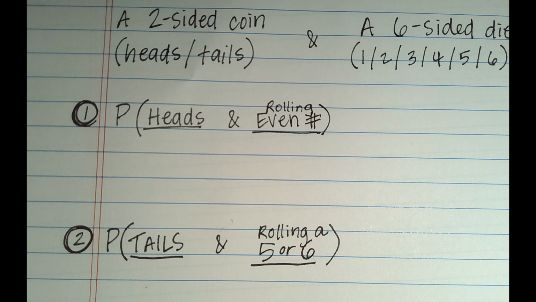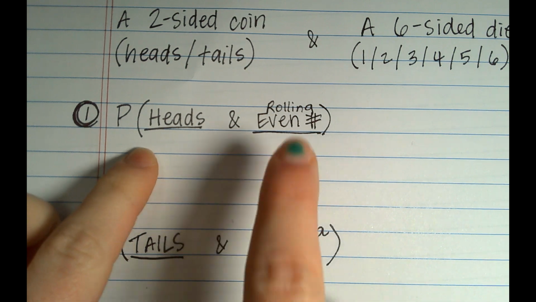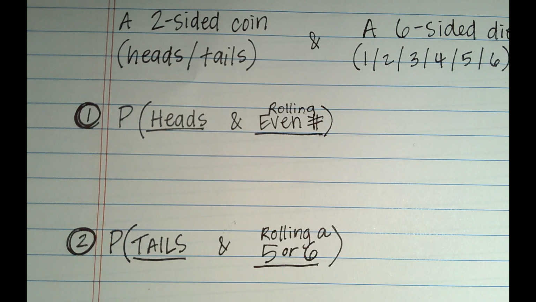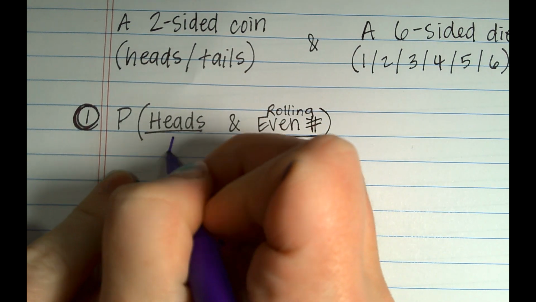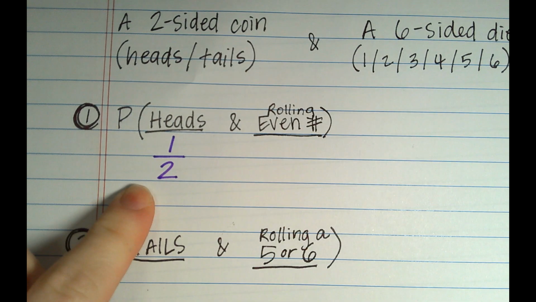So for number 1, how will I find the probability of landing on heads and rolling an even number? How will I do that? Okay, so the probability of landing on heads is 1 over 2. Perfect.